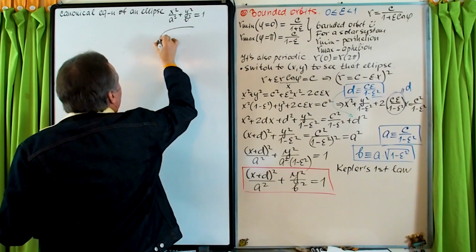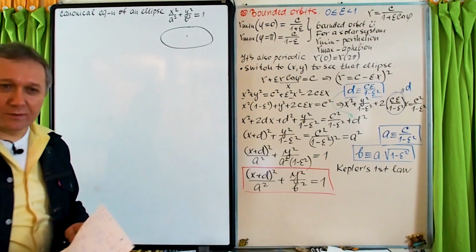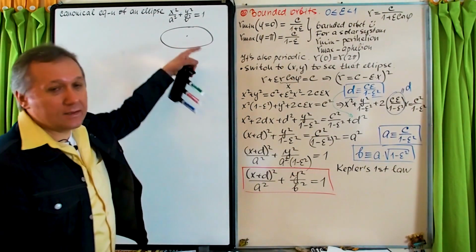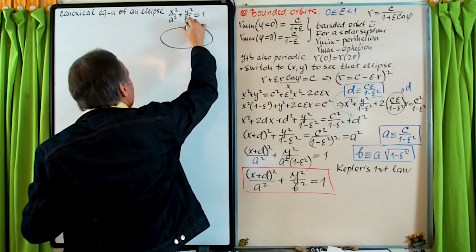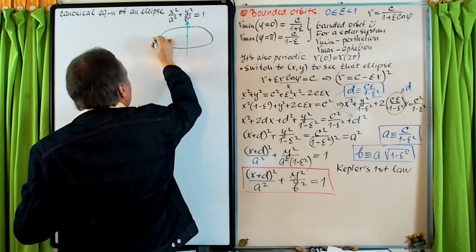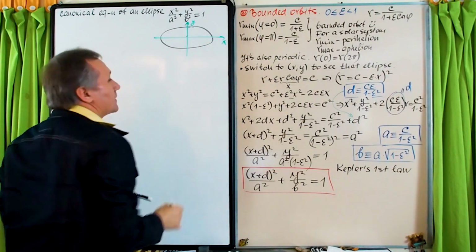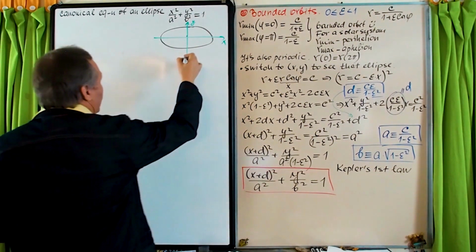Let me draw first an ellipse. And the origin of canonical coordinates is at the center of an ellipse. So let me draw it here. So this is x and y, and these are canonical coordinates.